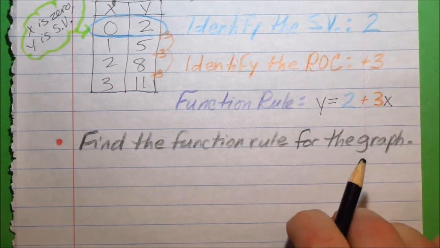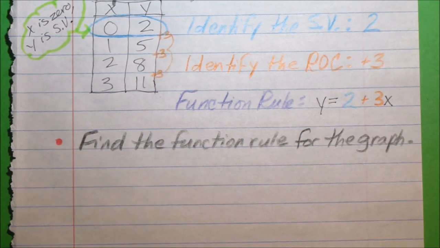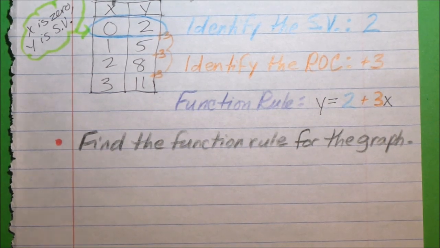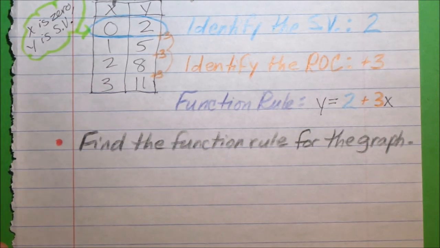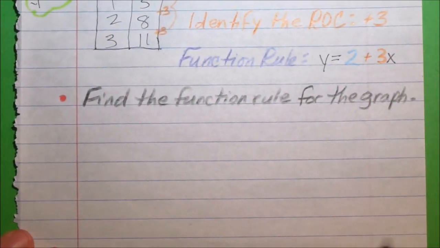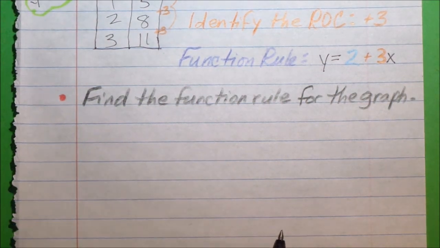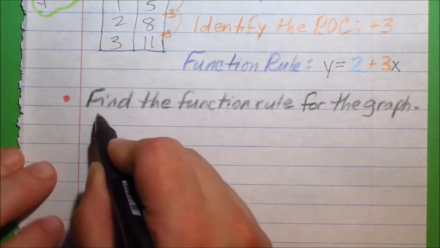Okay, so let me remember what this looks like. Oh, right, okay, so you have to write the ordered pairs. Okay, so here's what you do. You're going to be given on your worksheet a simple quadrant 1 graph.